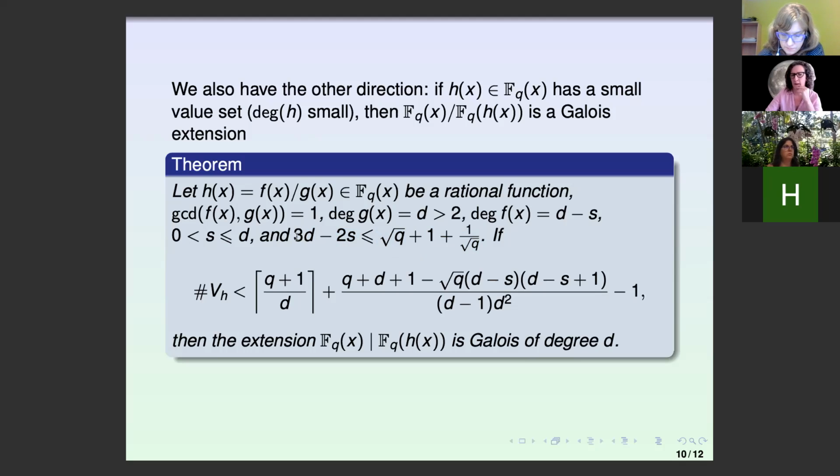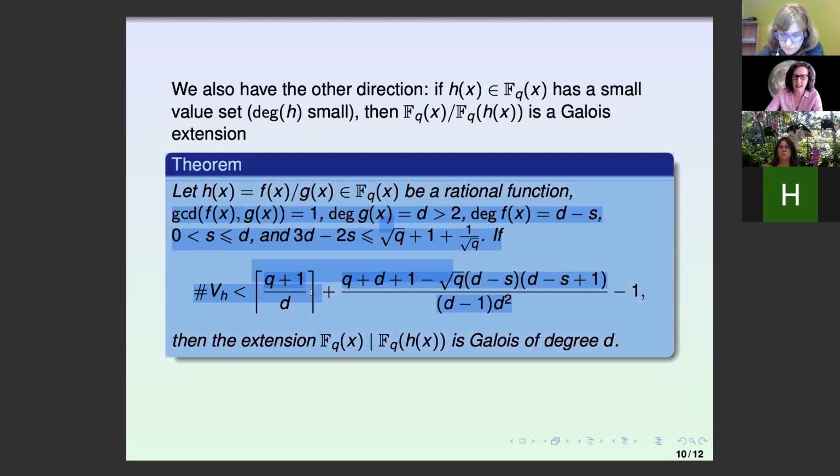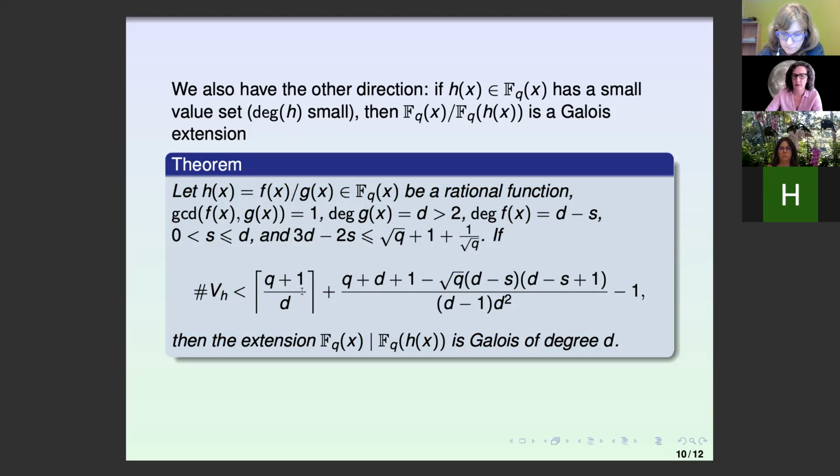So if the degree is small like this, and the size of your value set is smaller than this bound, remember this part is the lower bound, so it is the lower bound plus something. If this something is larger than 1, you have something nice. You can show that this is a Galois extension of degree d.